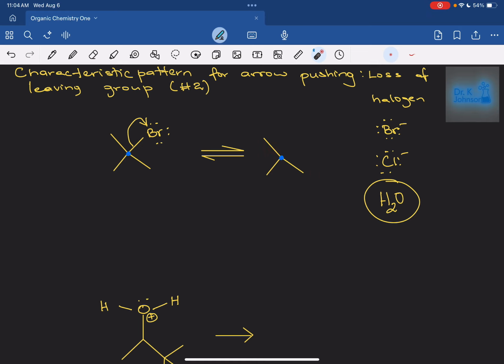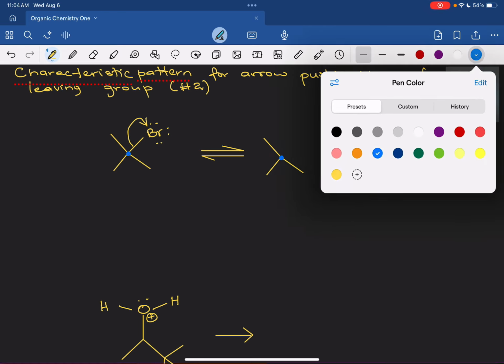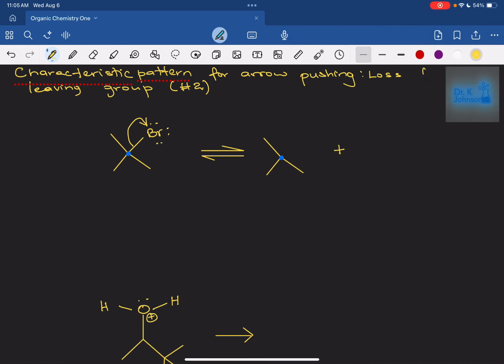But what your bromine has done is it left. It's your leaving group. Bromine got up and left, right? So bromine, we have these lone pairs here, three lone pairs. Put them back because I didn't use them for anything, right?